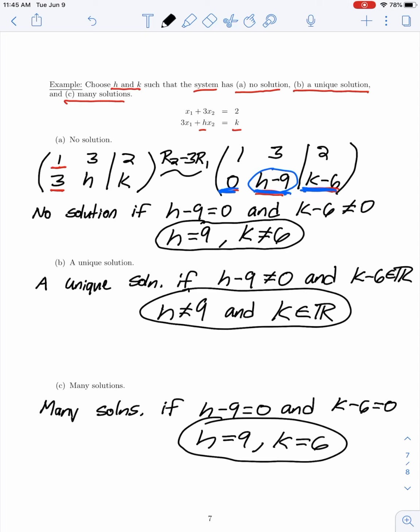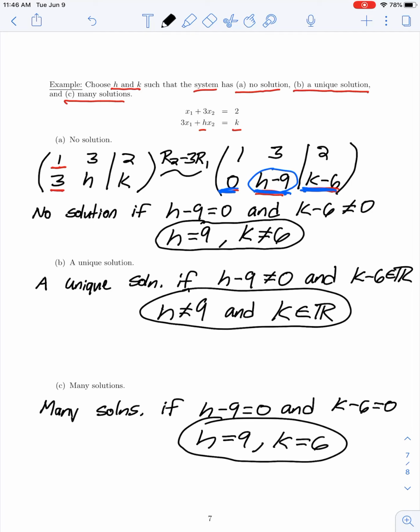So this finishes our section 1.2 material on row reduction and echelon forms. And this sort of ties together what we had already started to see in section 1.1 when we were using Gaussian elimination to solve linear systems. In general, to solve a linear system, our goal is to express it as an augmented matrix, as we did in section 1.1.